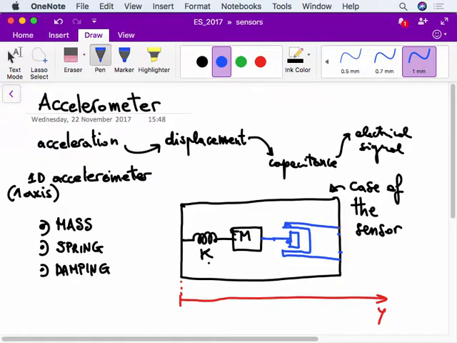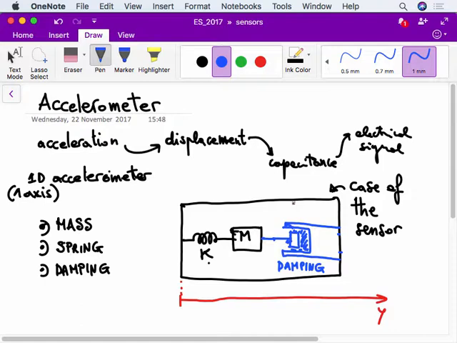You have some sort of piston with oil, so that you have to do some work in order to push the piston left and right. This is just a symbol, it's not how the thing is actually done. Typically the damping term can simply be air, because of course in order to move the mass in air you need to do some work, and therefore the oscillations get reduced in amplitude.